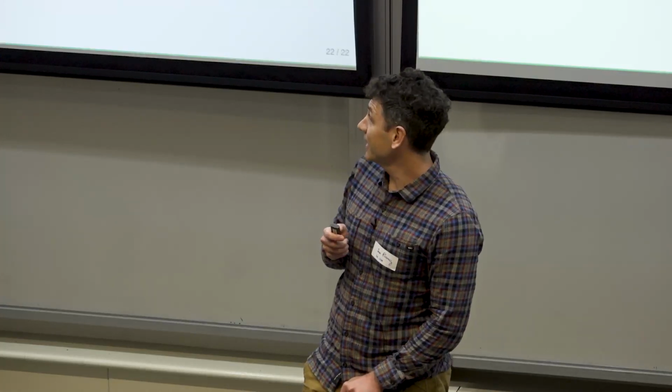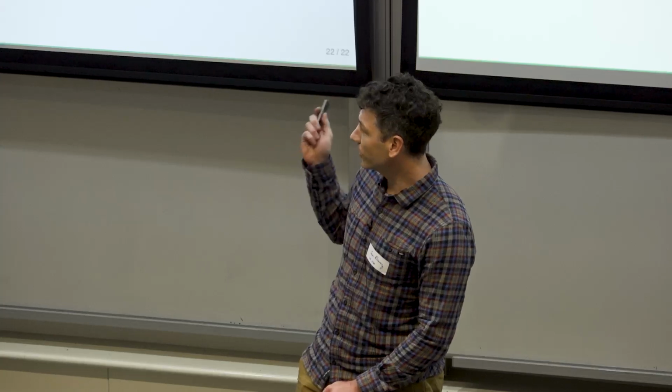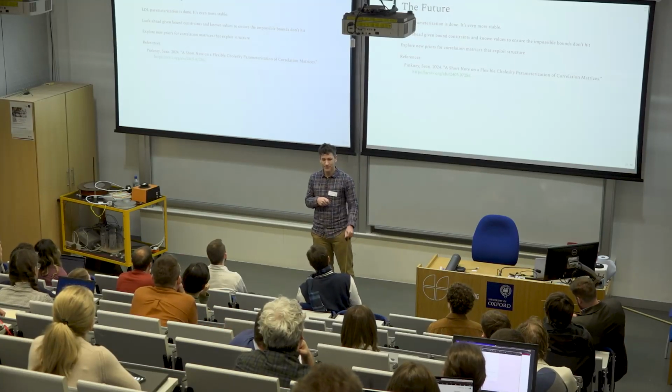I've probably had that paper for like 5-6 months, and I haven't tried to code it up and test it. So if anyone wants to work on this problem, I'm kind of getting to my limits, shoot me a note. And then, let's explore new priors for correlation matrices and things that can use this method. And then I did post a note, so if you want a bit more about the math and stuff, it's in that archive. Thank you.